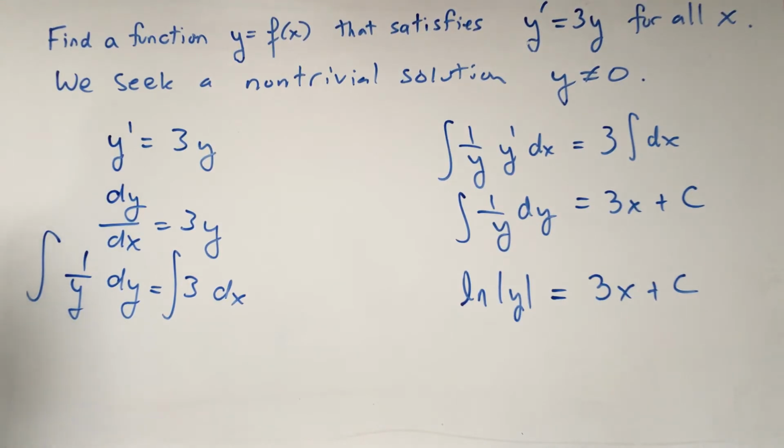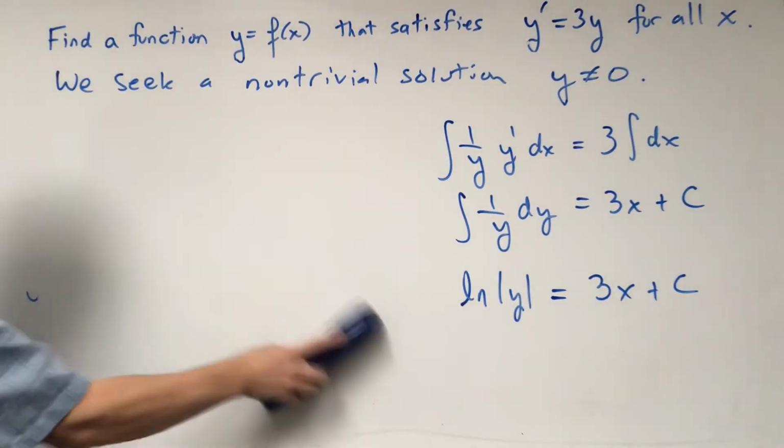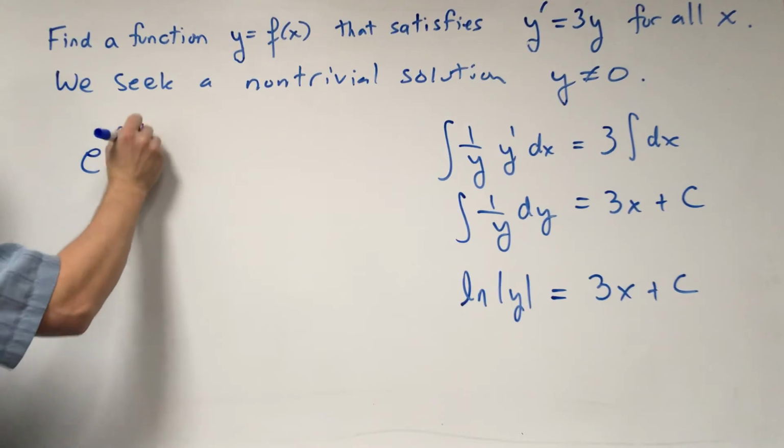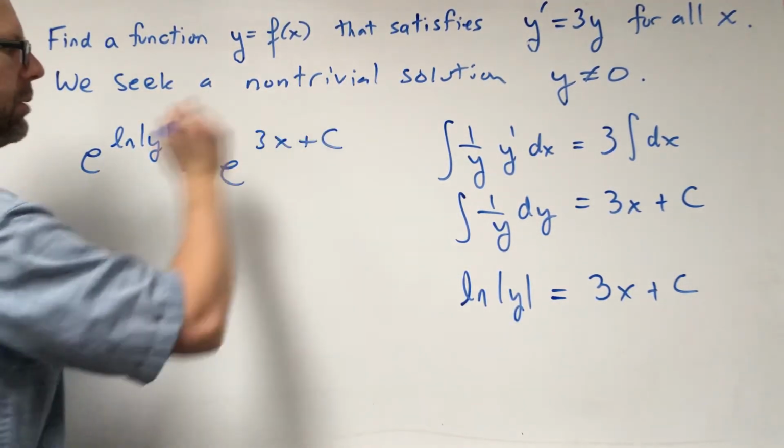Well, what do we do from there? We can raise both sides as a power of the natural exponential base e. And so we'll have e to the natural log absolute y equals e to the power 3x plus c.